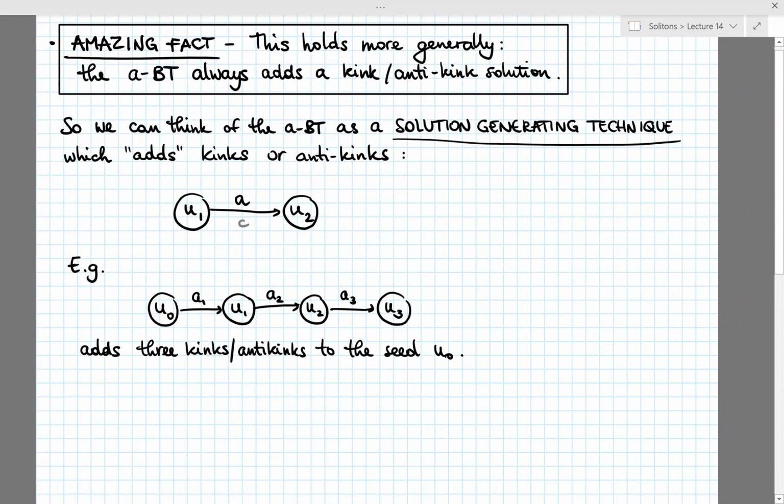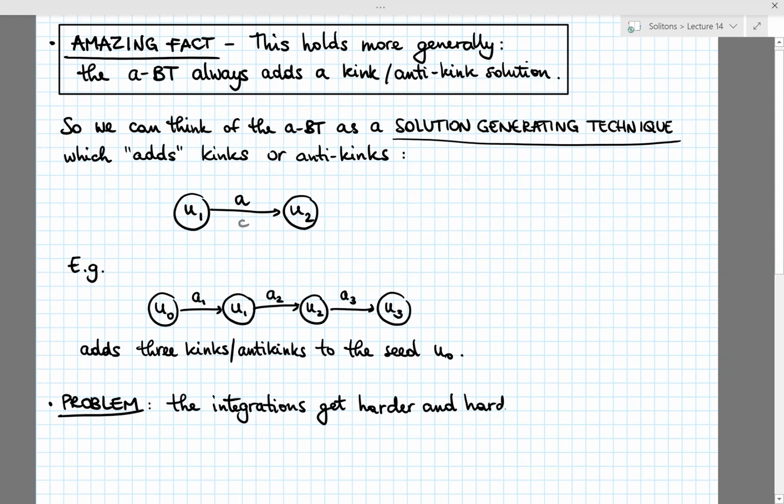Okay, this is all very nice. So we have a new machinery, the Backlund transform, which allows us to add kinks or anti-kinks to find new solutions of the Sine-Gordon equation, which is nonlinear. The trouble with this is that every time we do a Backlund transform, we would like to integrate the pair of relations that define the Backlund transform. And it turns out that the integrations get harder and harder as we keep adding solitons.